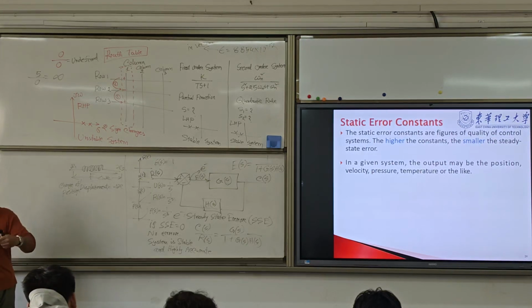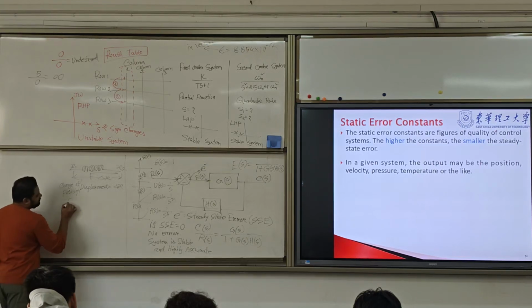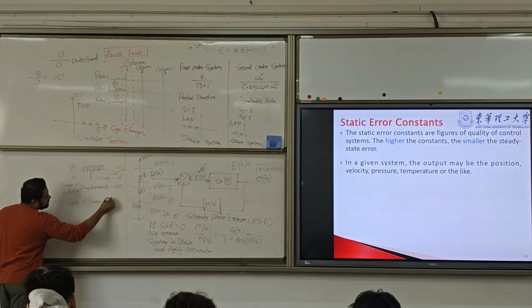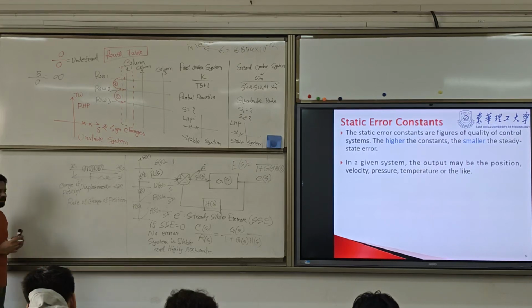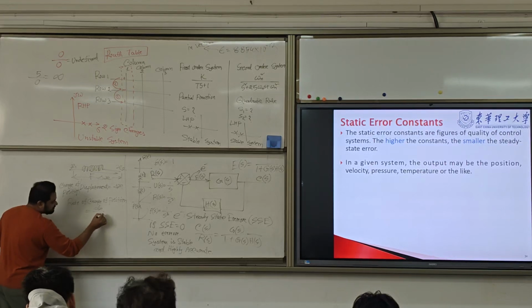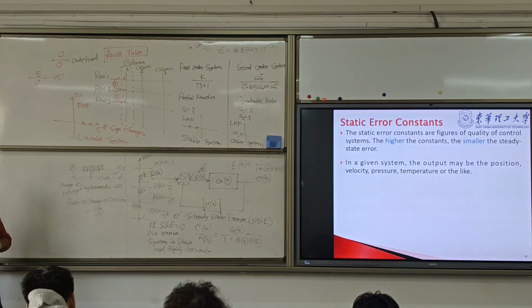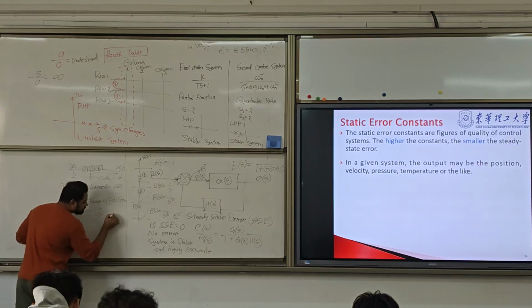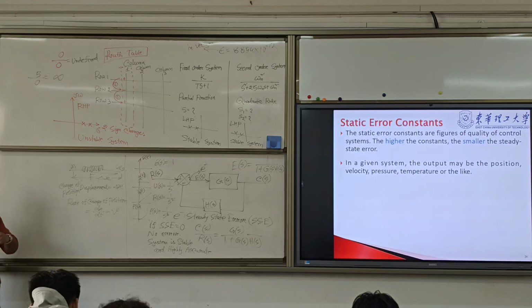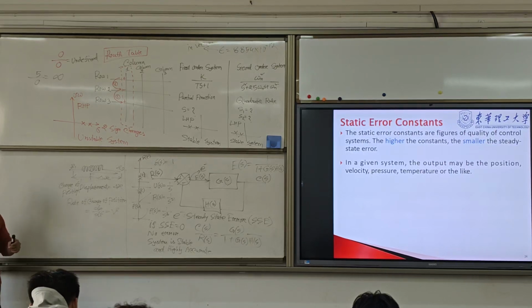Now, if I want to find out the rate of change of position, then we need to do dx by dt. That is called v, velocity. Rate of change of position is called velocity.